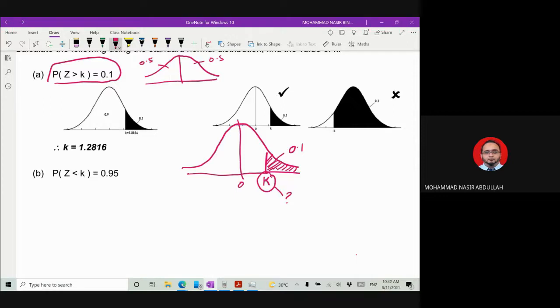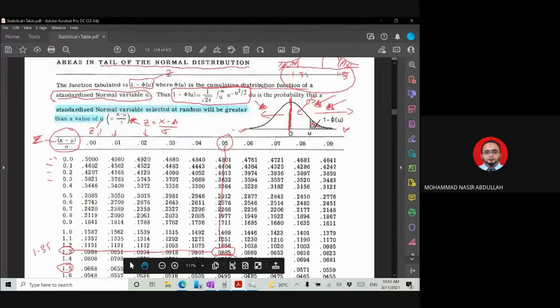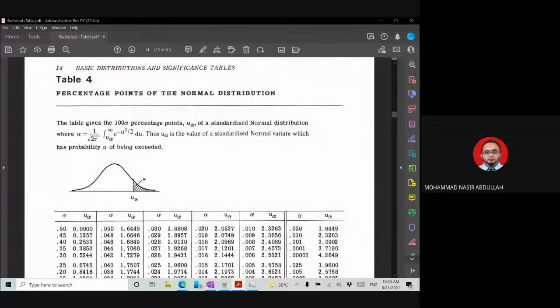To find this value, we can refer to the statistical table, either table number 3 or table number 4. Table number 4 gives us a different value. Look at table number 4, page number 14.